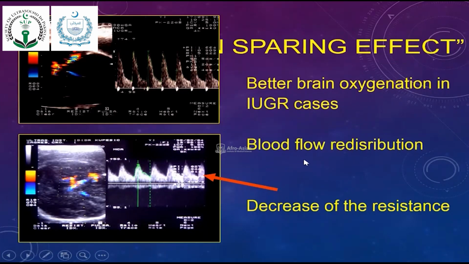When there is blood flow redistribution, at the start of the IUGR, the brain sparing effect occurs and a decrease of the resistance is seen. So as the resistance increases due to IUGR, nature commands a brain sparing effect that is done by a decrease of the resistance in vessels like the middle cerebral artery.